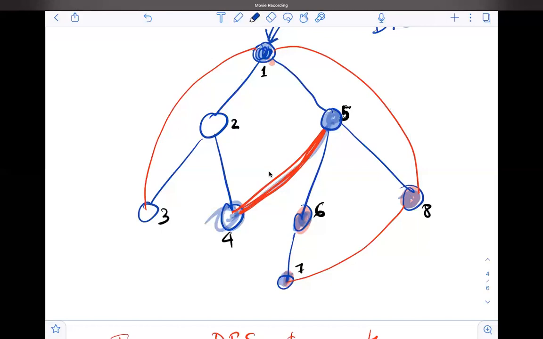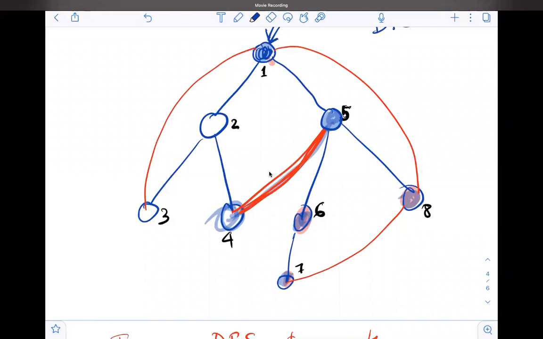I think this is where I missed it last time also. At first you told that the edge between 4 and 5 is not there in the BFS tree, but it is there in the actual graph. Yeah, sorry, I missed that.